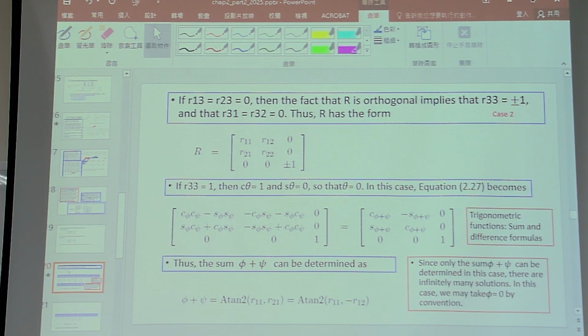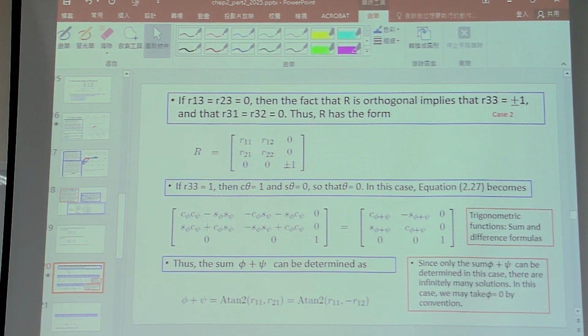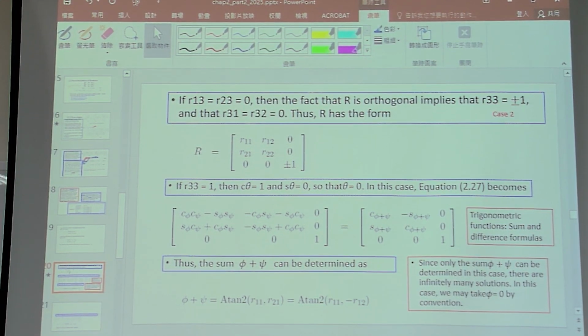And over here, I don't want to go into more detail. There are so many extra conditions. For example, if R13 and R23 equal 0, then there's something different about this. Then you can see some special terms over here. It's already addressed in the textbook, but I don't want to go into the detail.